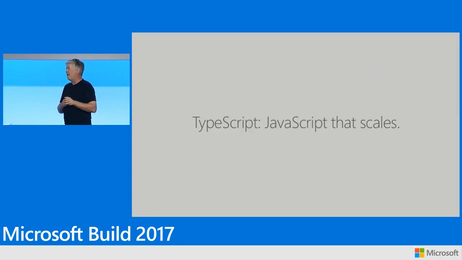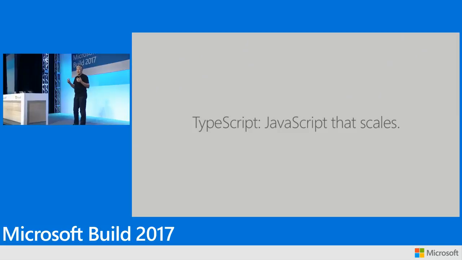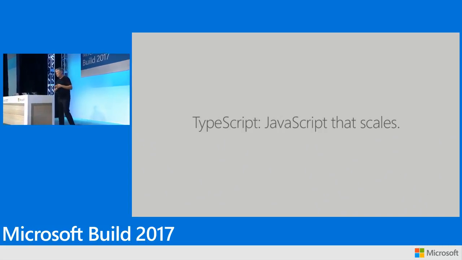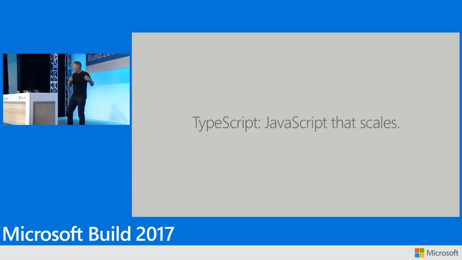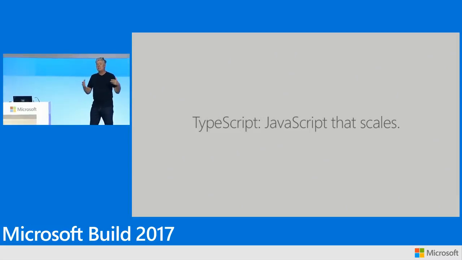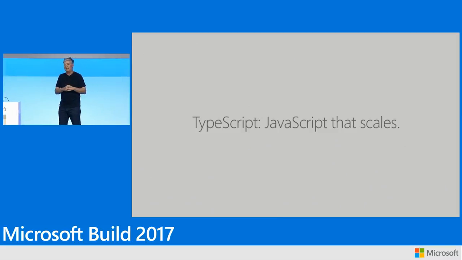And when you think about what powers the rich development experiences that developers today are accustomed to, like code navigation, statement completion, safe refactorings, error checking before you run your program, all of that comes down to having some ability for the IDE to reason about the code you're writing. And that ability comes from having a static type system.